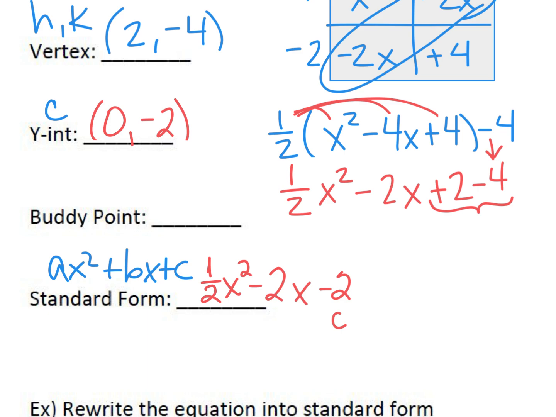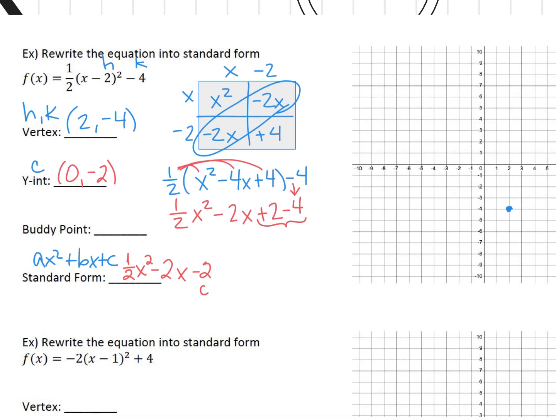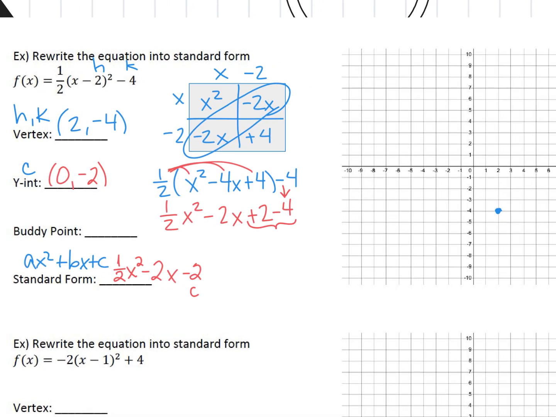So now that we know the y-intercept, we also have the vertex. We can find this buddy point, just like we talked about a minute ago. So we're at 0, negative 2. Remember, we've got our axis of symmetry. Remember, that is an x equals. If I asked you the equation, x equals, we go through 2, right? It matches the h. X equals 2.